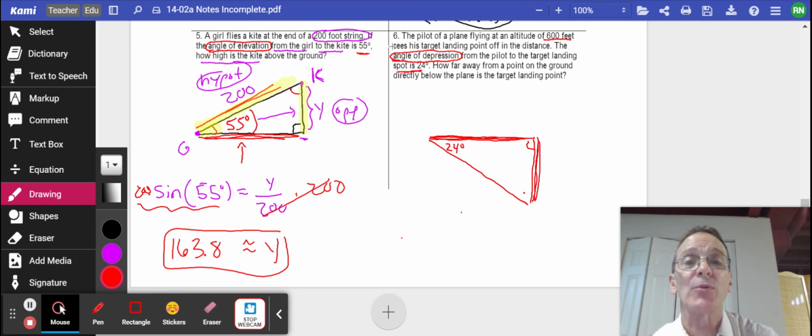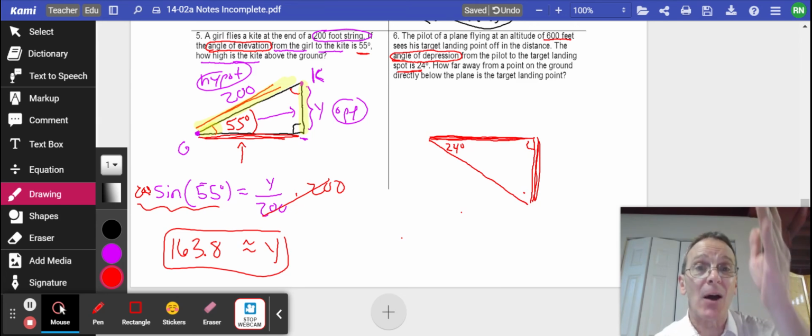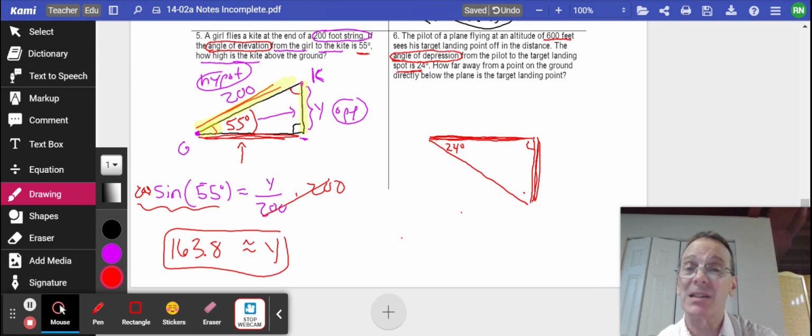And the plane is at an altitude of 600 feet. Now, you know how altitudes of planes are measured. They're measured straight up and down. So it seems like the only place for this 600 feet to go is right here. But be careful.